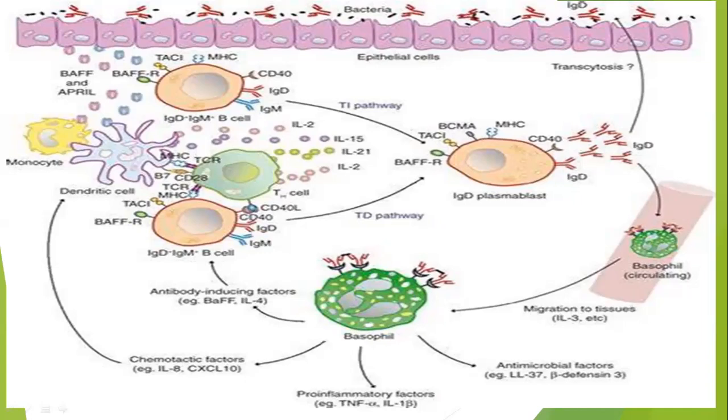It interacts with the T cell. It receives its first signal. It's fully activated. It undergoes clonal expansion, proliferation and differentiation. Then it produces the immunoglobulin. Where do those immunoglobulins go?